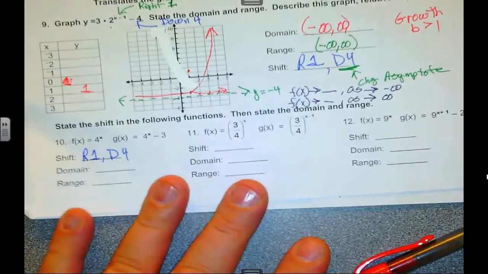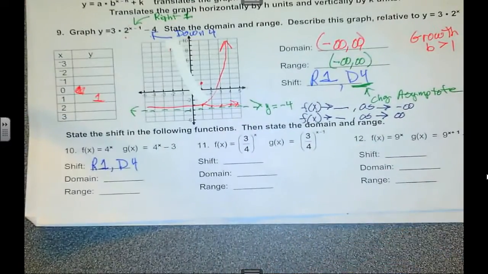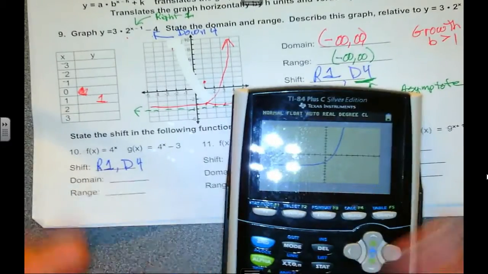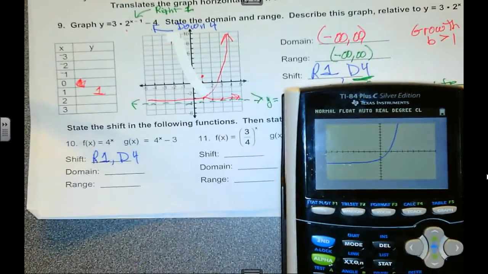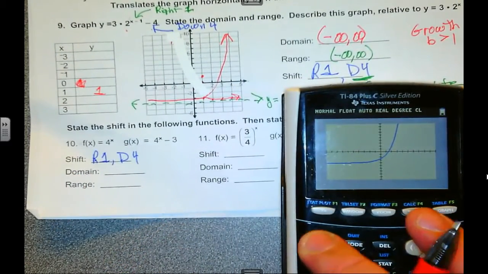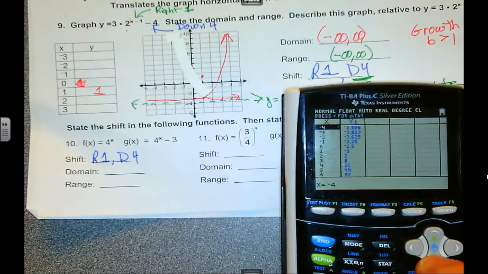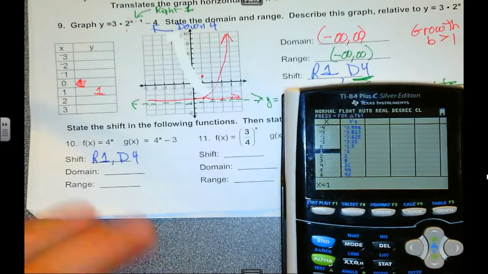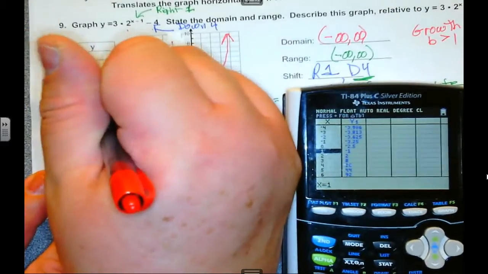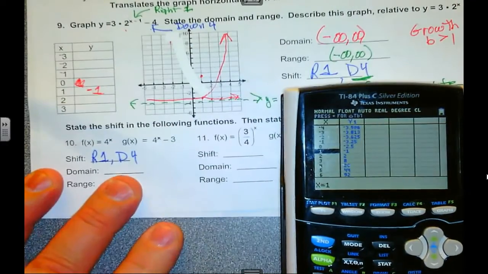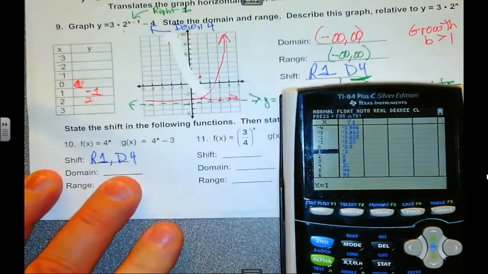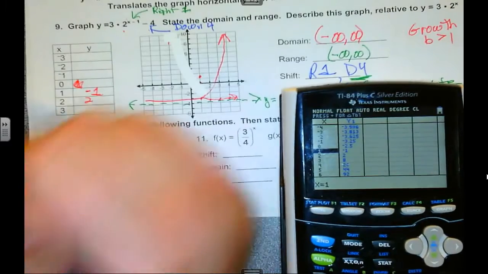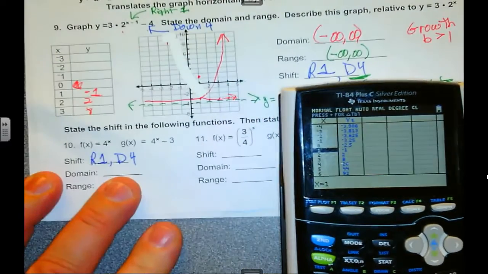What? The whole thing is what? Switched, yeah. Not yet.